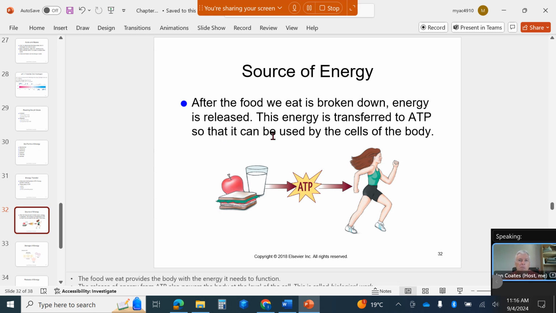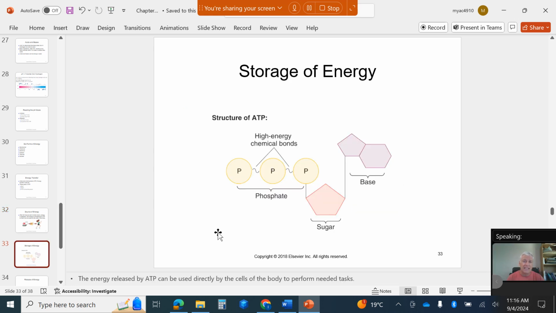Okay? After the food we eat is broken down, energy is released. The energy is transferred to ATP molecules so that we can now utilize those to do what we need to do. And this is an ATP molecule right here. Those phosphate molecules, PO4, that we saw earlier. Okay, there's a sugar backbone, and then there are bases here. And we'll get more into this as we go.